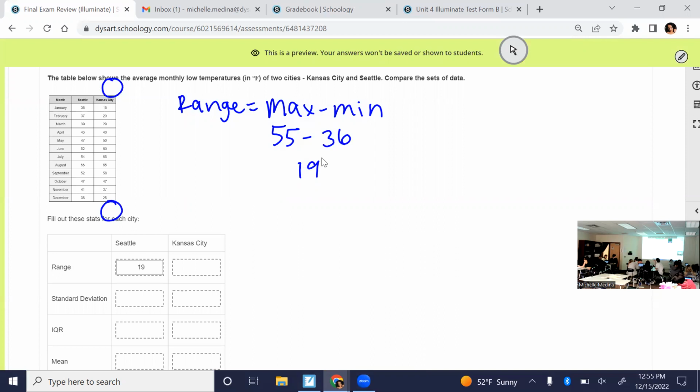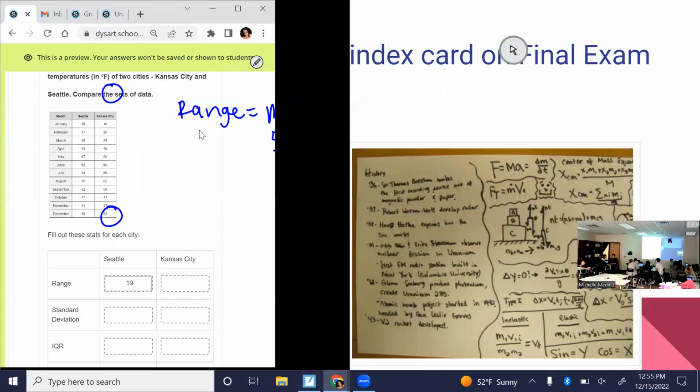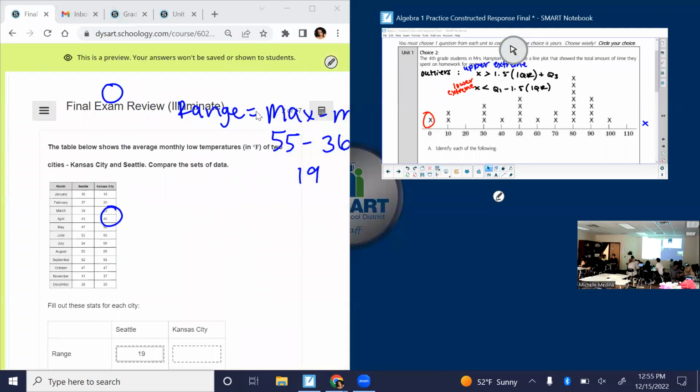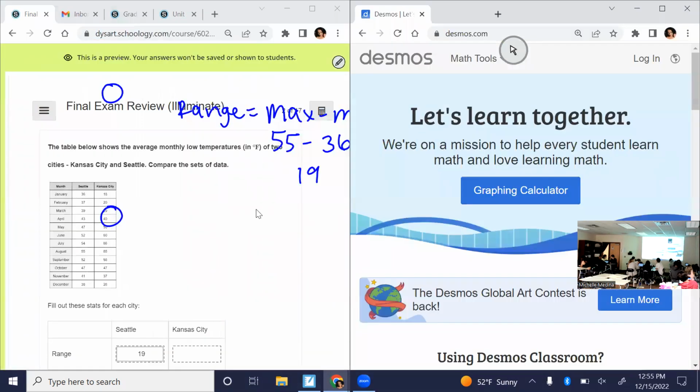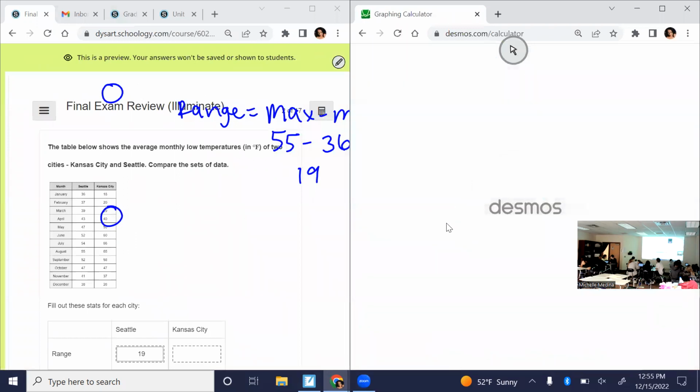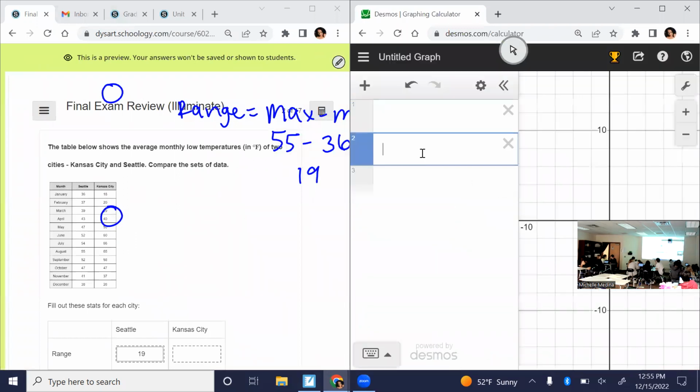So what you would do, and there's no way around it, either use Desmos, which you will have access to, at least that's my impression, or use a graphing calculator that you know how to use, and just make a data set in there.